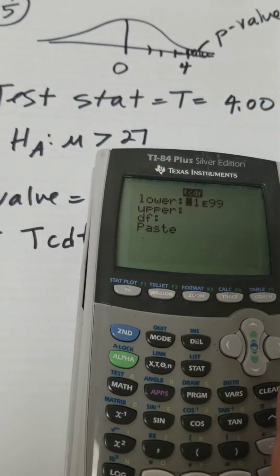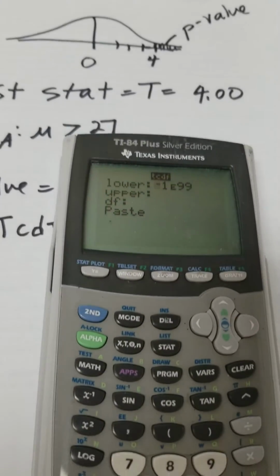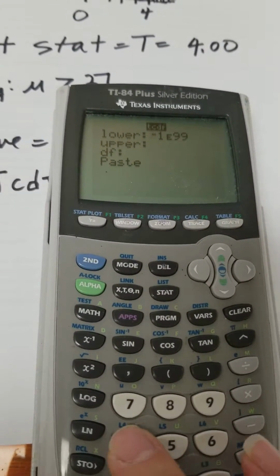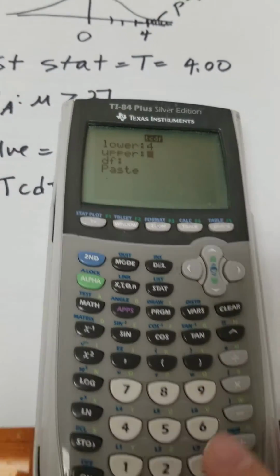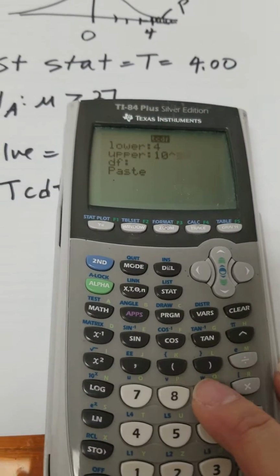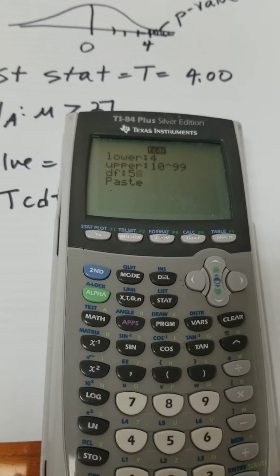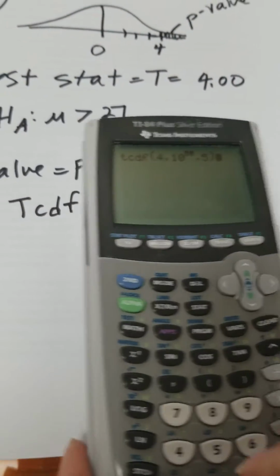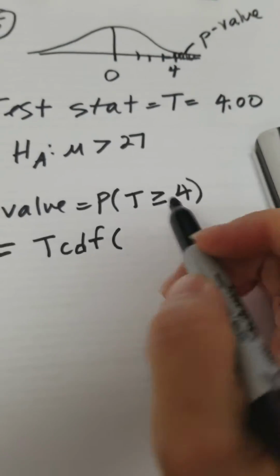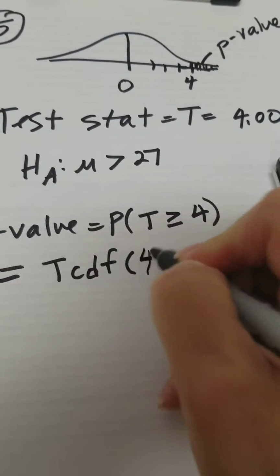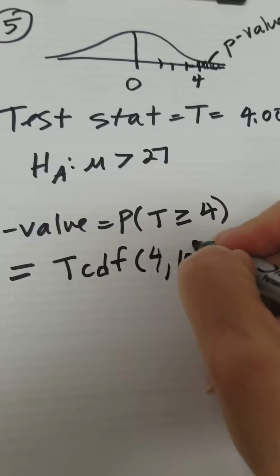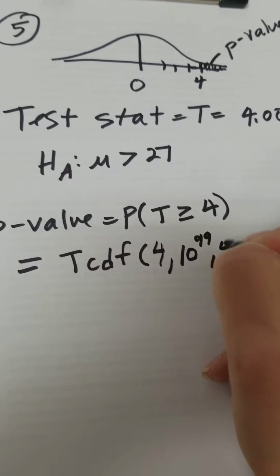The lower, in this case, is going to be our 4. Our upper, we're trying to quantify infinity, so 10 to the 99. And our degrees of freedom all along has been 5. So 4 is our lower bound, upper bound 10 to the 99th, and degrees of freedom is 5.